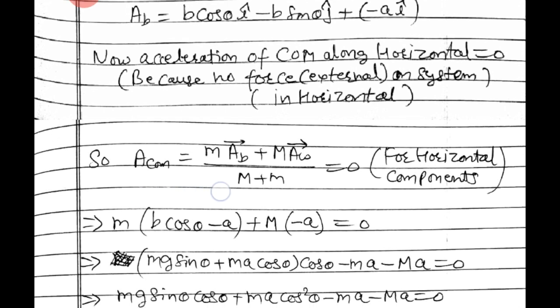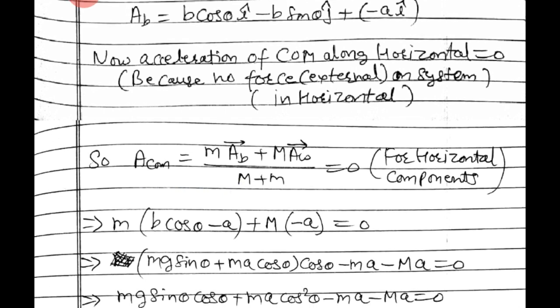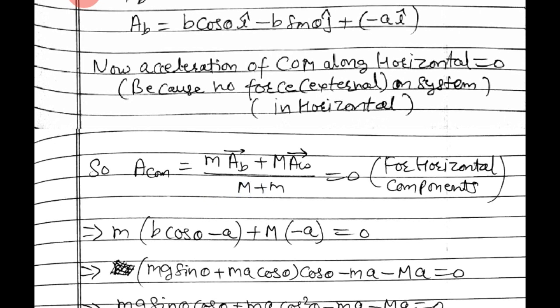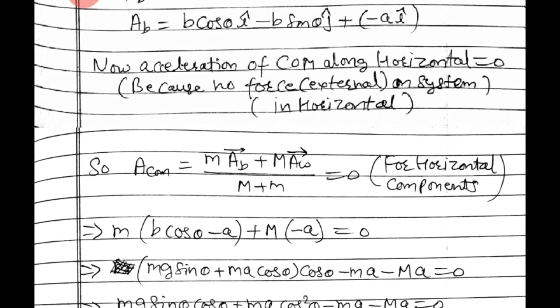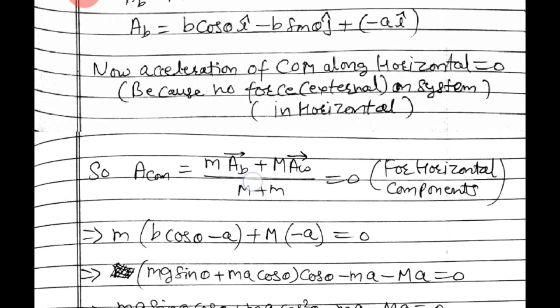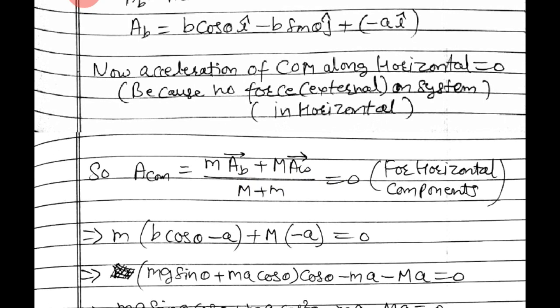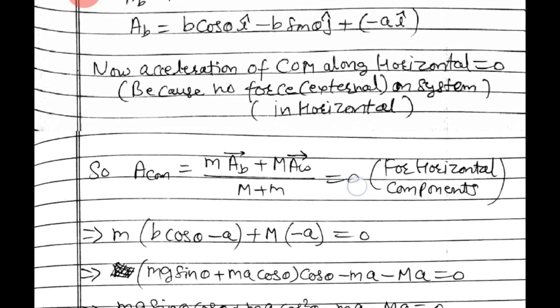Okay, so we can apply the formula of acceleration of center of mass, as we know that is (m1 a1 plus m2 a2) upon (m1 plus m2). So from that we can write here small m acceleration of block with respect to the ground plus mass of wedge acceleration of wedge with respect to the ground upon (M plus m). Here we are taking only horizontal components. We are not taking vertical components in this formula.